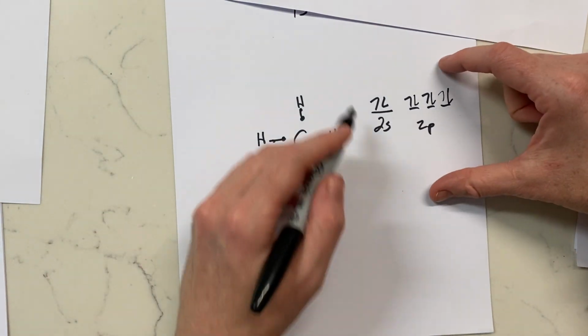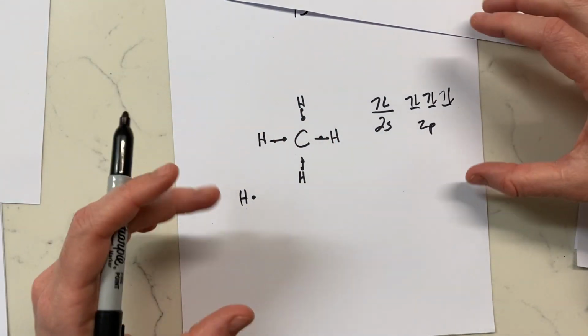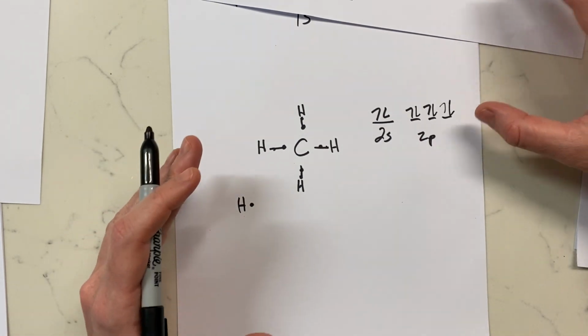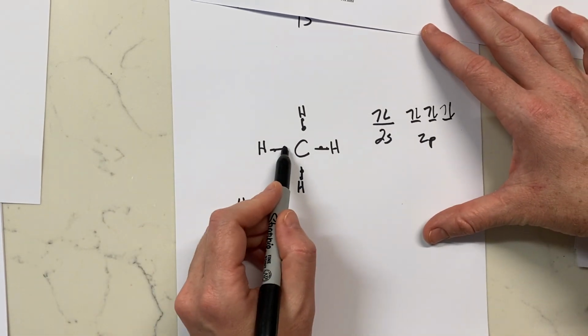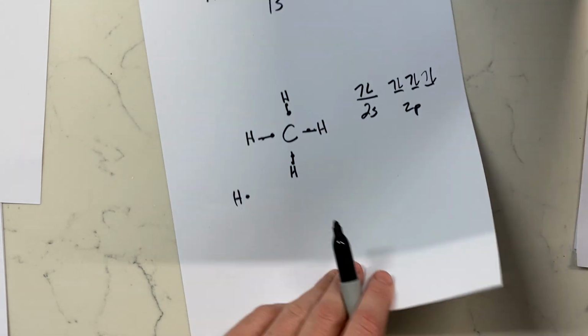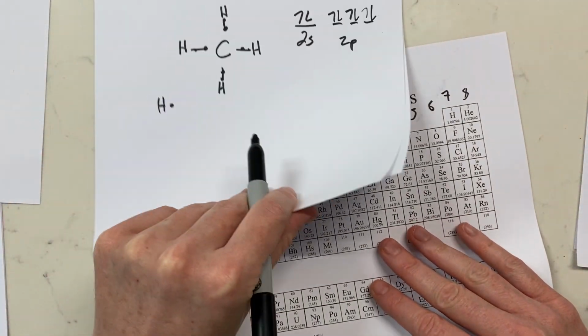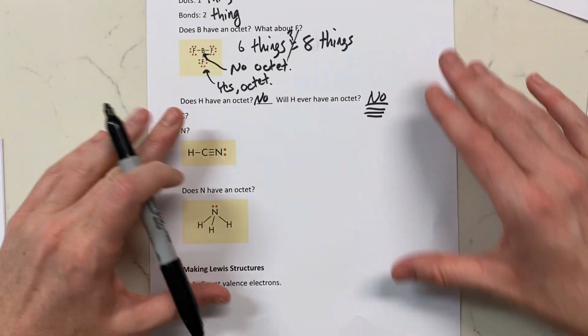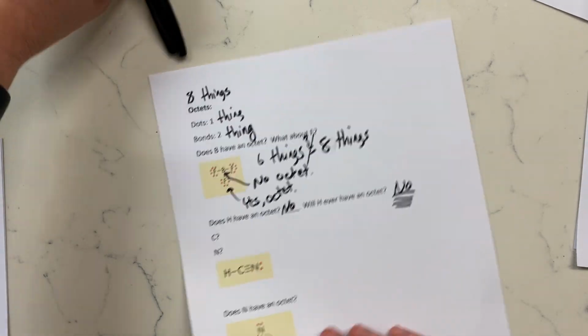That's why it likes to make 4 bonds. So kind of a tangent, but hopefully it ties together the fact that when we're talking about a bond, we're talking about sharing an electron here. We're talking about 2 electrons. Okay, so back to the task at hand.